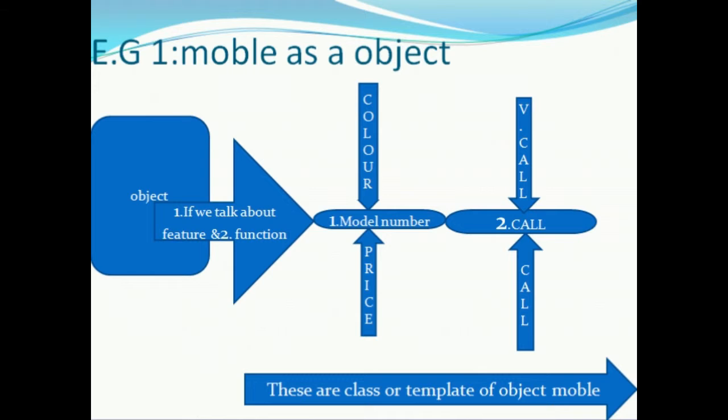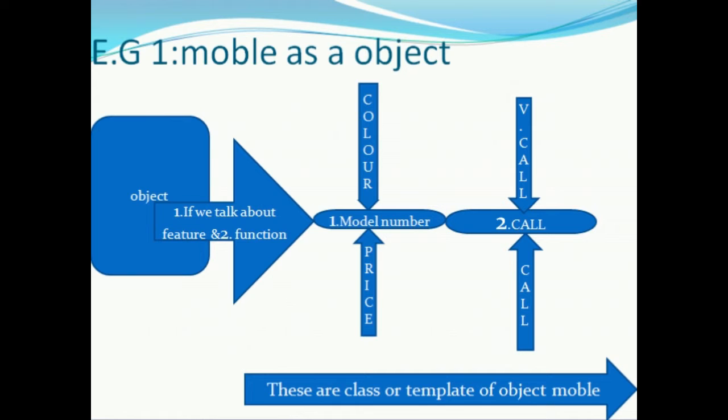In this way, we can say that an object is made by a class, and through the object we implement that class in the real world or outer world. A class is just a template of the object, and when a class is created, no memory is allocated. Memory is created when we create the object. It takes space from memory when we create the object. A class is a template where we define the function and behavior of the object, and through the object we implement those classes in the real world or outer world.